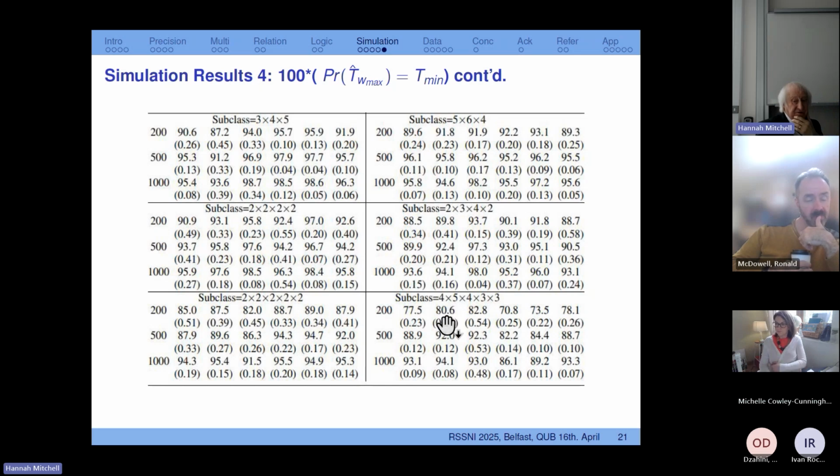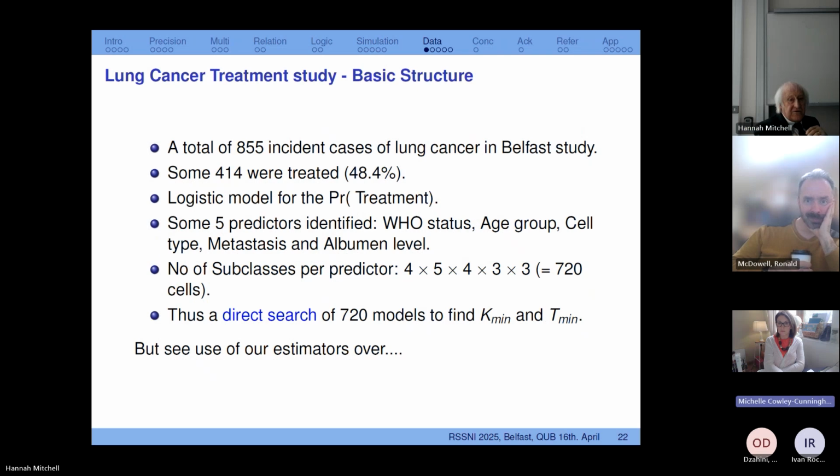So you don't expect, with only 200 observations, that you're necessarily going to get a great result, if you thought of this as a contingency table. Okay, so how does it work in practice?